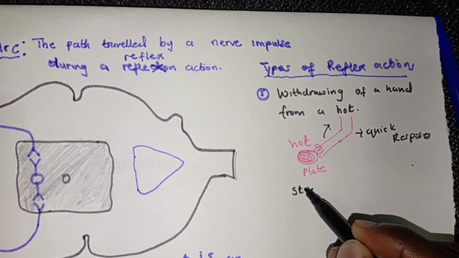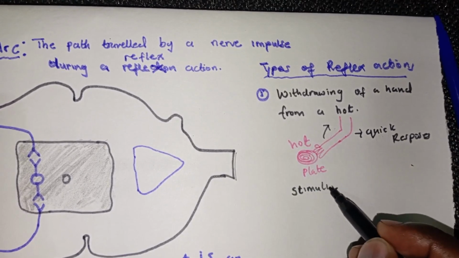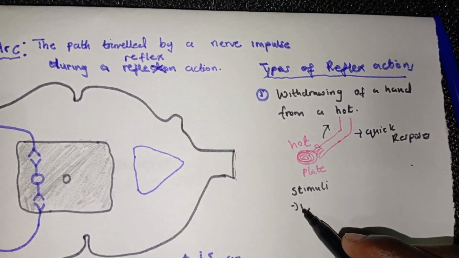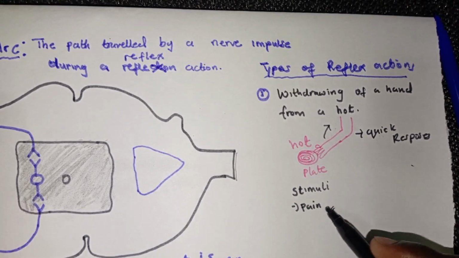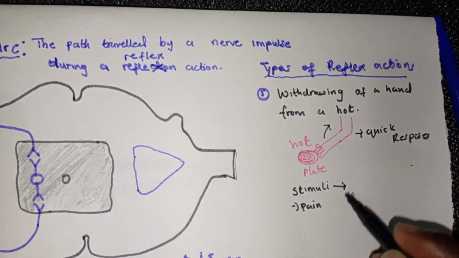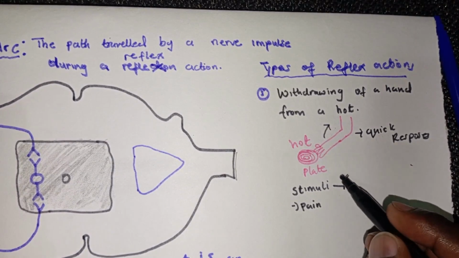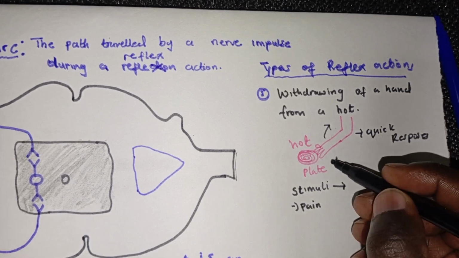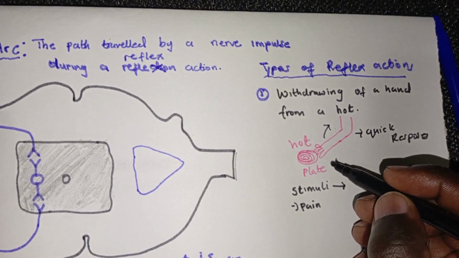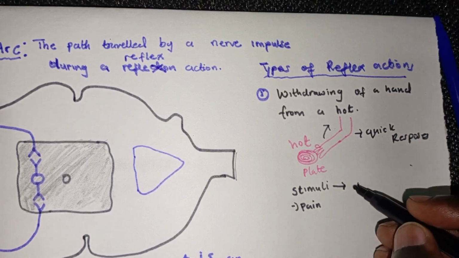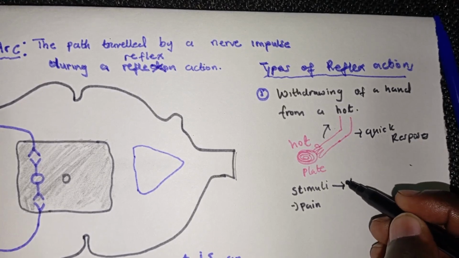There's what we call the stimulus. In this case, the stimulus is the pain that you're going to experience. Once you touch something hot, it will burn you. Now there is what we call a receptor organ, which is something able to detect pain.